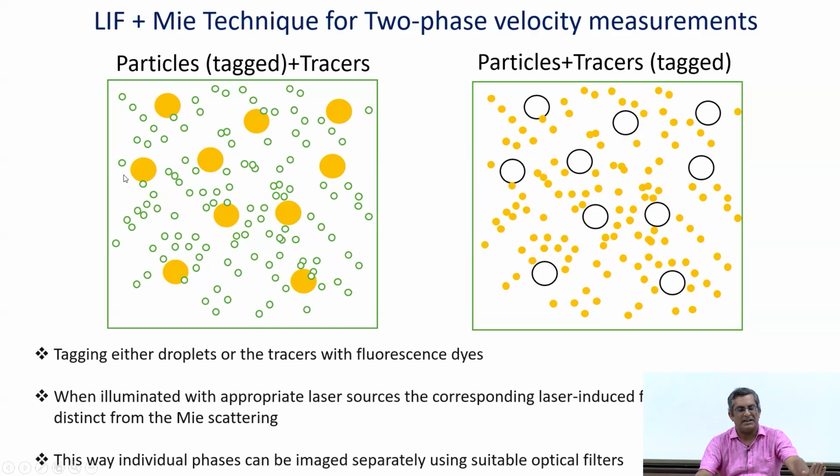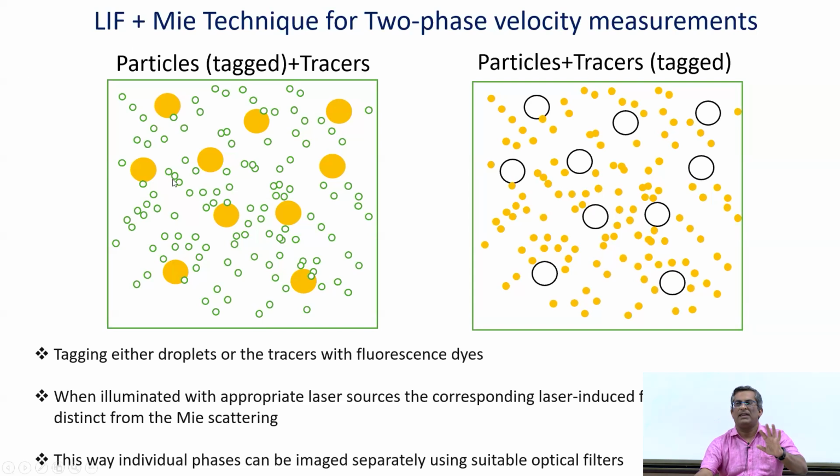Typically, if you are working with a water spray, you can use rhodamine dye, and if you illuminate that with a green laser, the fluorescence that you will get is red shifted, which means that the fluorescence light is close to orange color. That is why this is shown as orange color.